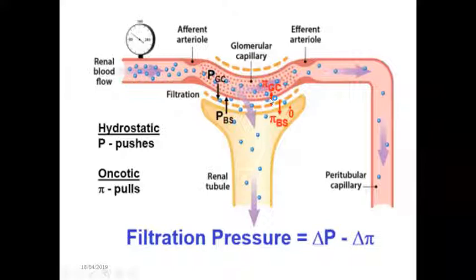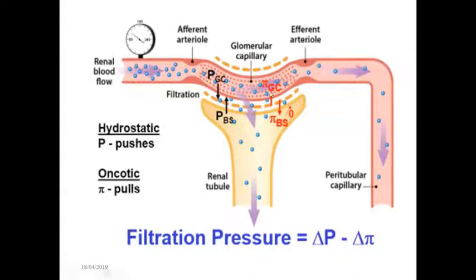Then on top of that, I explained that we have oncotic pressure. So we have oncotic pressure in the glomerular capillaries. This oncotic pressure is also the opposing pressure to filtration pressure. Why? It's because proteins are not being filtered here. So as you are filtering fluids here, the concentration of these proteins is going to increase as you are approaching the efferent arteriole.